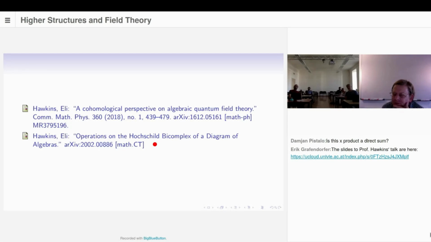Well, I haven't worked anything through yet applying the newer stuff. In this first paper, I did go about, let's see. If you have an infinitesimal deformation, then that is going to be characterized by a Hochschild cocycle.